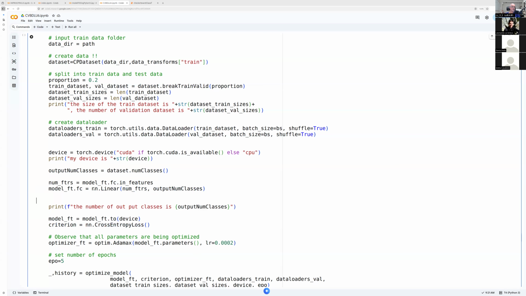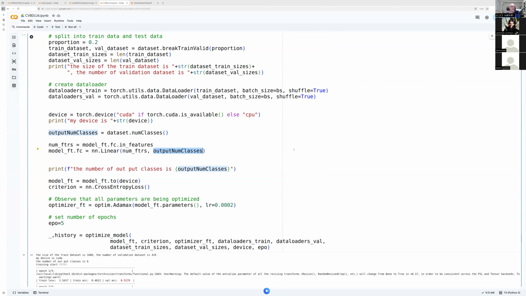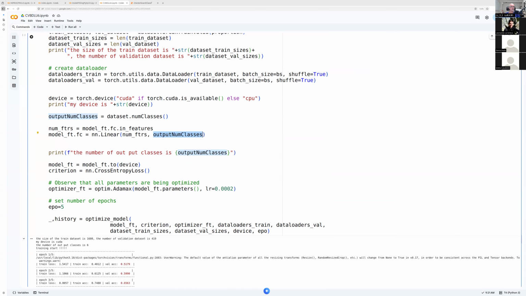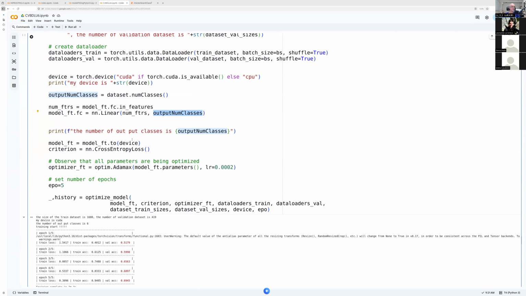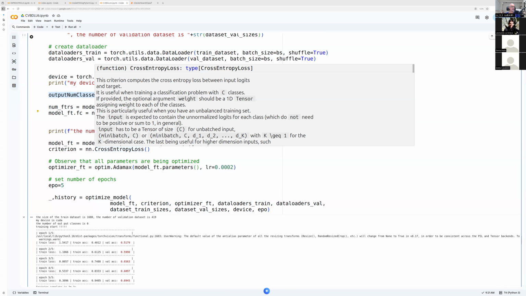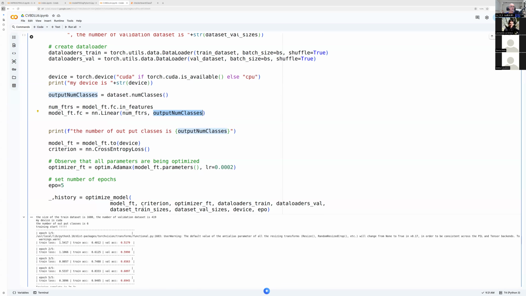Sorry, I create a final linear layer, that vector of probabilities. I am defining it here with the output that I want. Okay, and then I just call that optimized model that we have defined. Okay, sorry, to be fully precise, I move my model to the GPU, and then I define the loss function and I give all of those to the final layer.